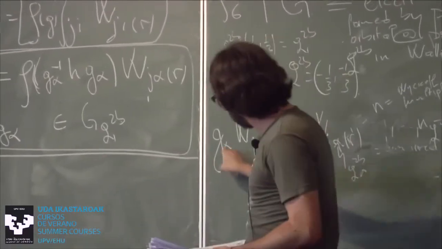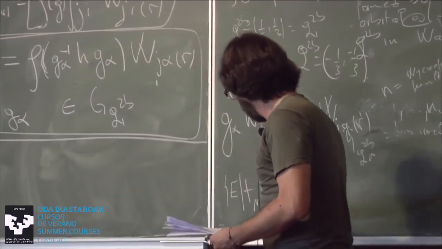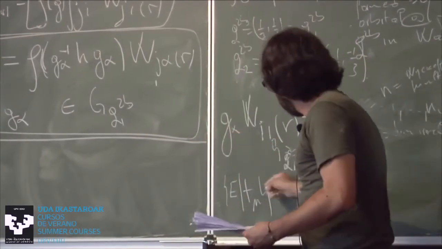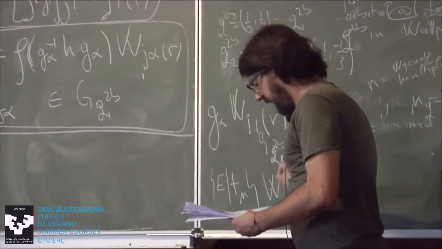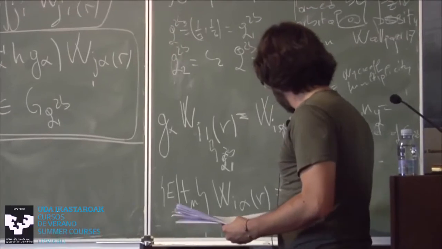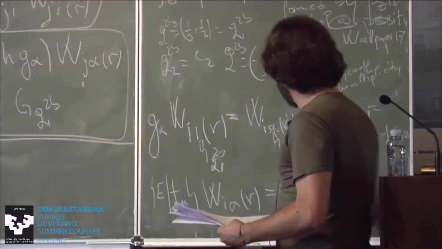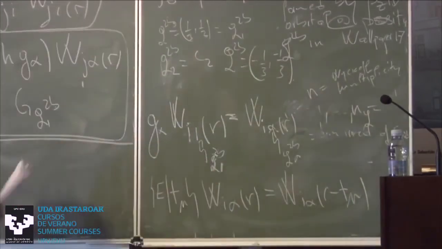But of course, the translations are just another group element. We call them identity times translation mu. That's a group element of the full space group. And the way they relate orbitals is the following, by just translation. Is this clear?